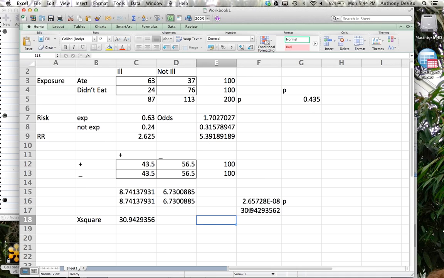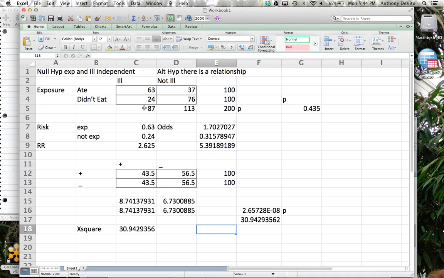All right, so now presumably we found 3 ways to demonstrate that there was a significant likelihood that if you ate the tuna salad, you were more likely to become ill than if you didn't eat the tuna salad. We looked at that three ways. We looked at that with the relative risk, and in that case, confidence interval, the odds ratio, again, confidence interval, and with the chi-square value.